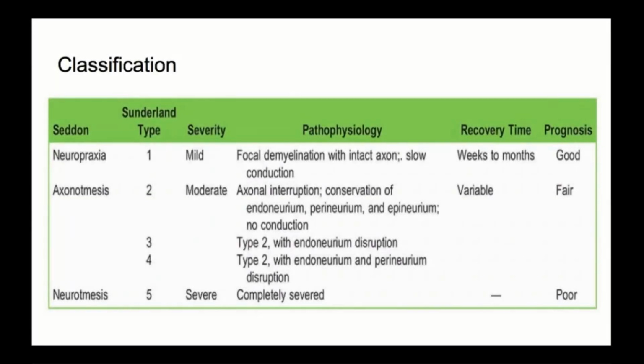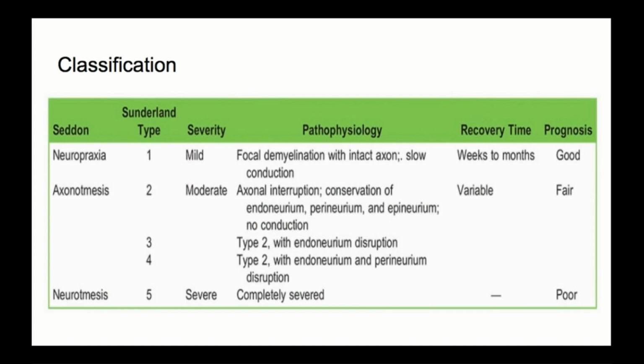Peripheral nerve injury. So the classification, there are two main types, which are Seddon and Sunderland. Seddon is more commonly used. So for Seddon, you can see from the table, there's neuropraxia, axonotmesis, and neurotmesis. Neuropraxia is when there's damage to the nerve.